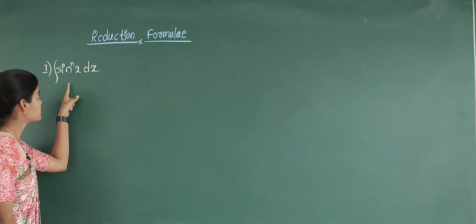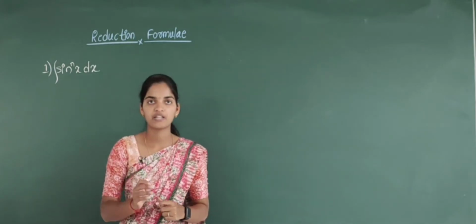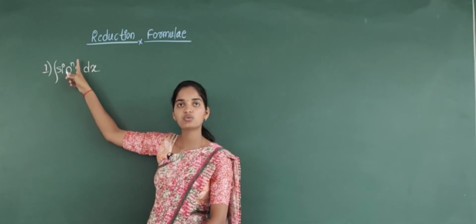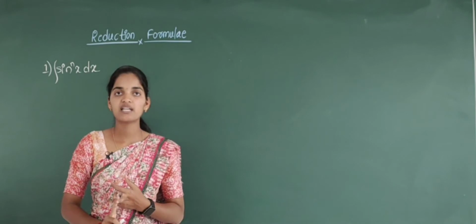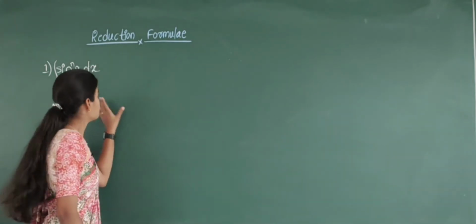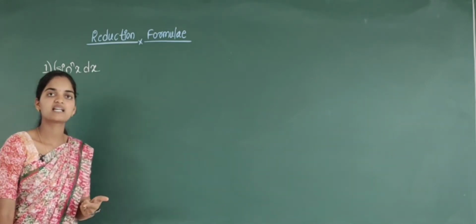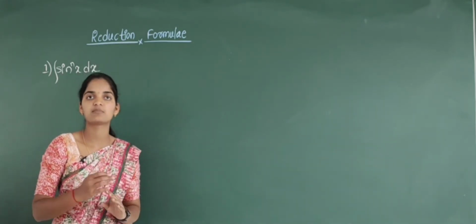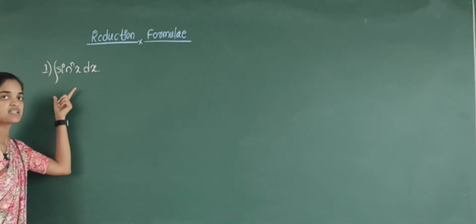This is our first reduction formula. Whatever reduction formula we find here, you can use for the integration of sine raised to n, for any power of sine; it may be 10, it may be 20, or any other greater number. Let us take this integration.